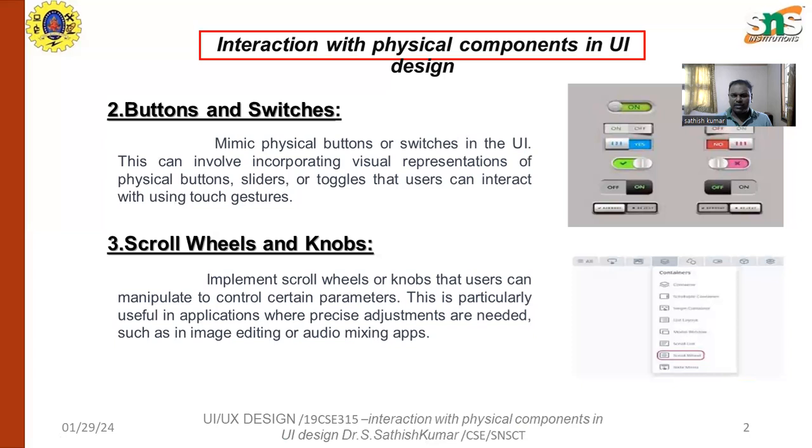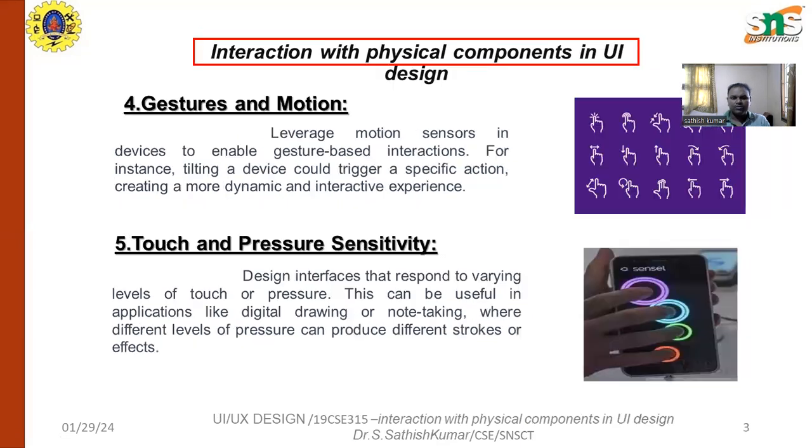The best example of scrolling is a web page, any web page. For example, I'm using BookMyShow for booking a ticket. When we scroll down, we move on to the next icons, and finally it will be submitted. So that is it.